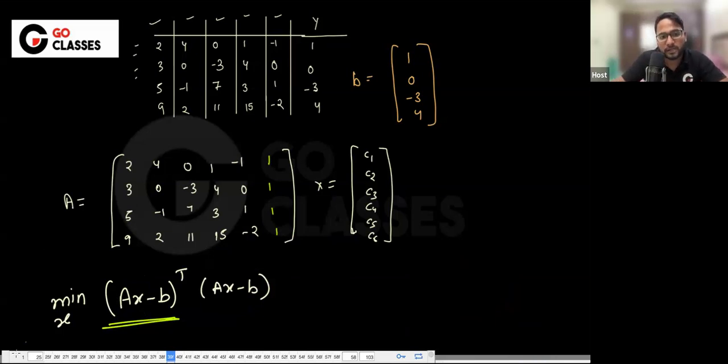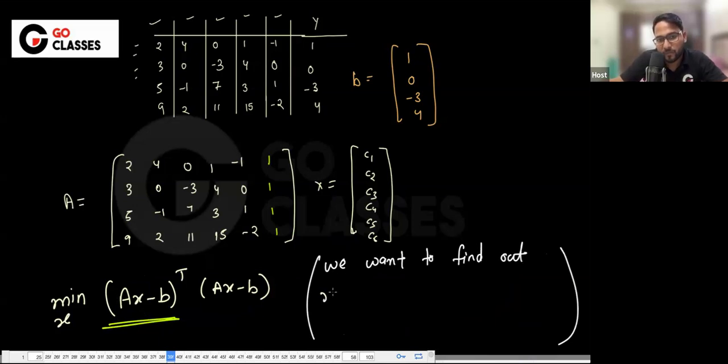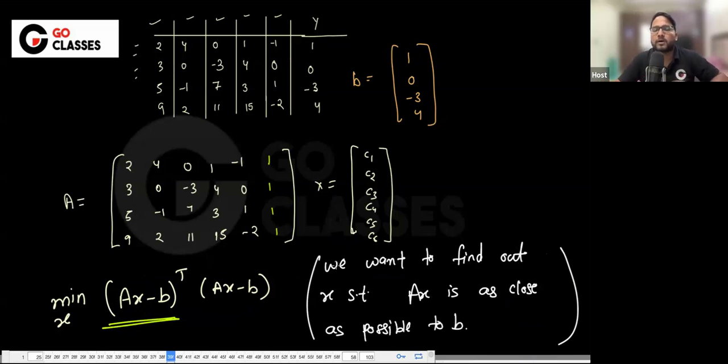So I can say something like this, that we want to find out as close as possible to B. Understood?